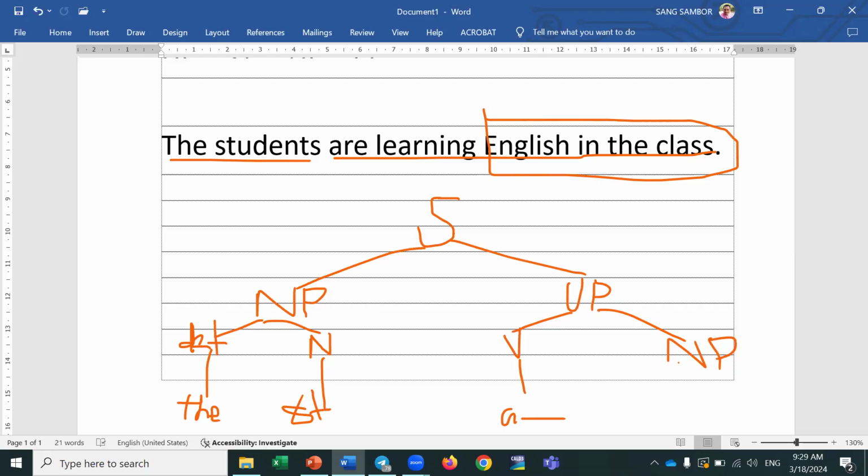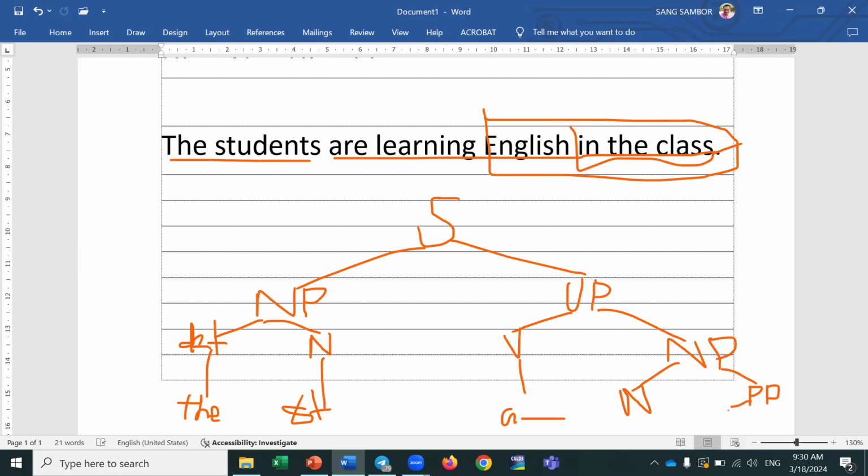So you have noun and you have PP. Okay. You got it? So you have the noun here, English, and the prepositional phrase. If you look at this one, the whole thing here is called prepositional phrase.